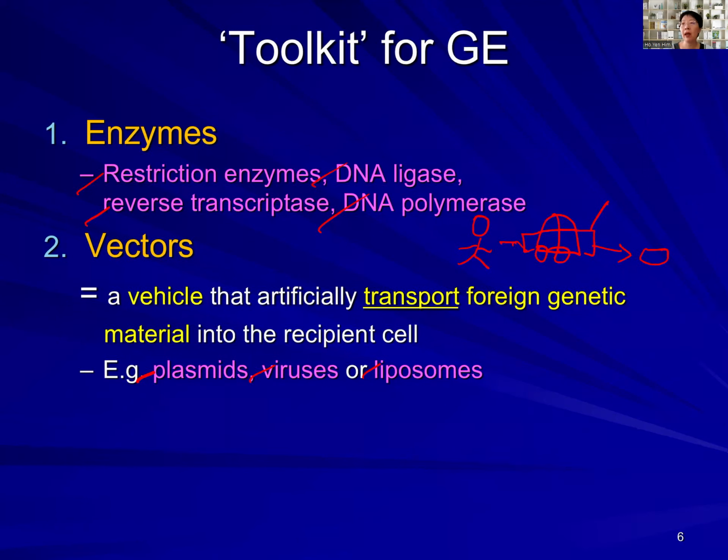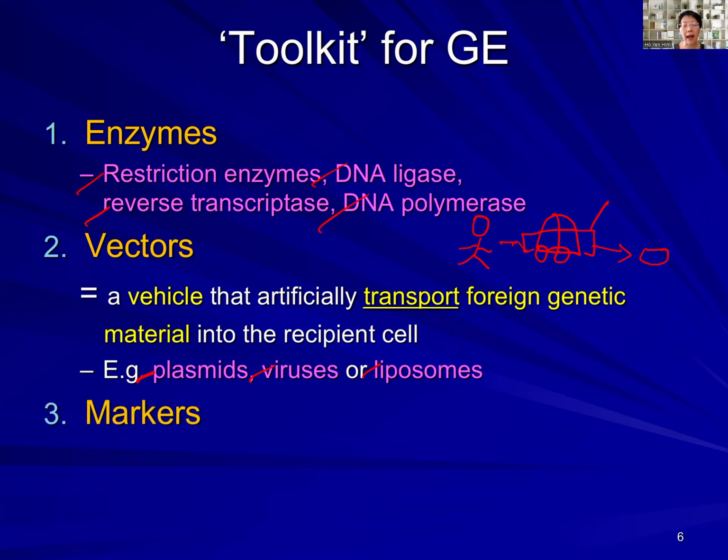It's the organism that can carry the pathogen from an infected person to an uninfected person. So it's a carrier, a vehicle. In genetic engineering, the vector is the vehicle to transport the gene to the recipient cell.